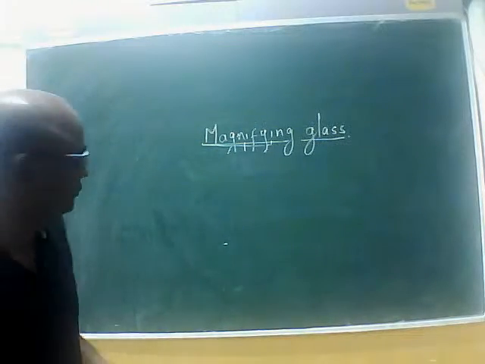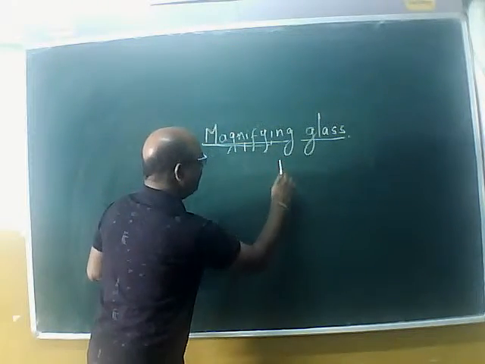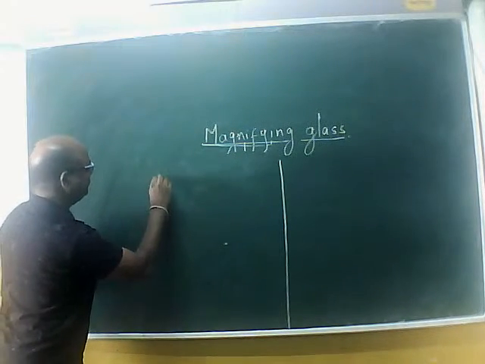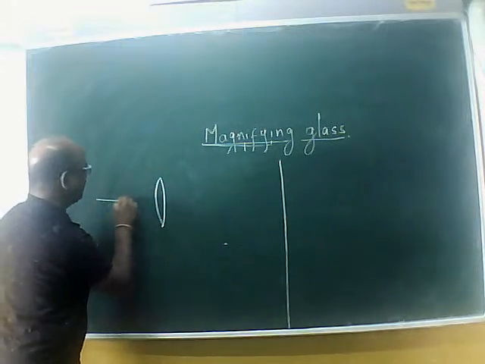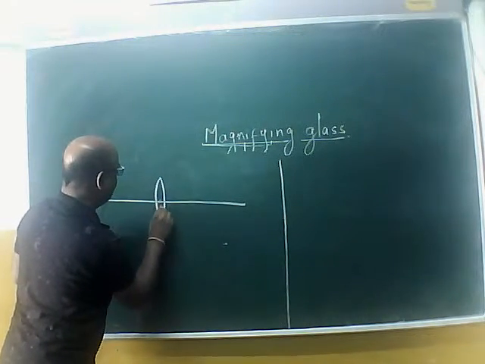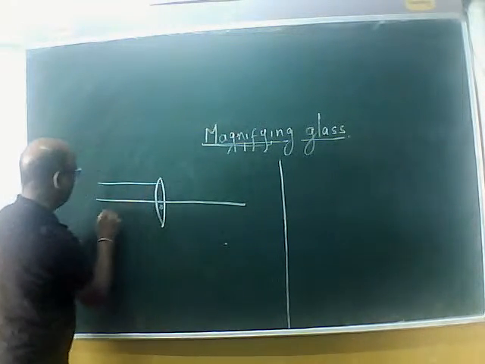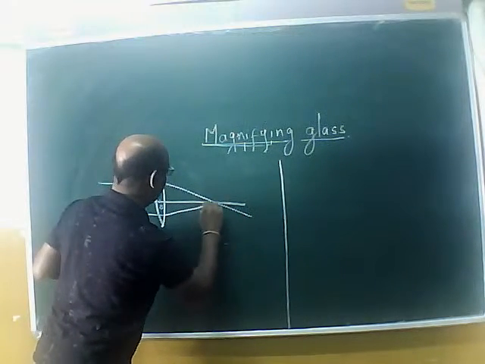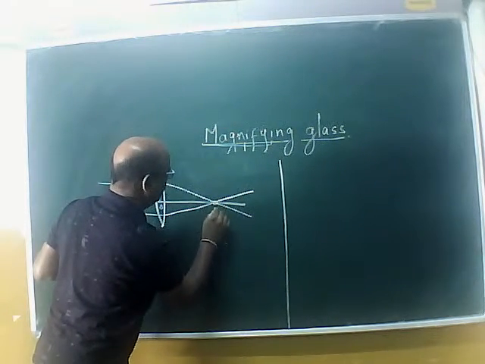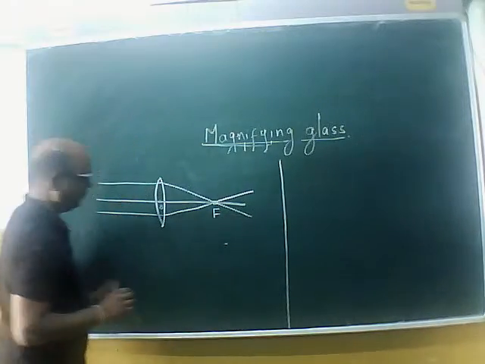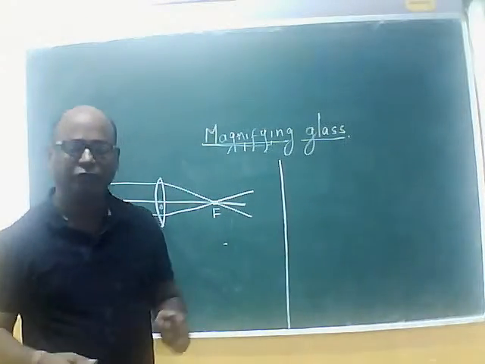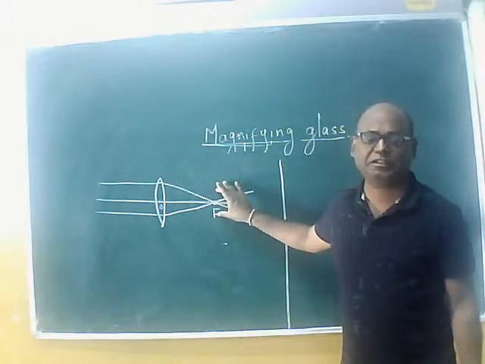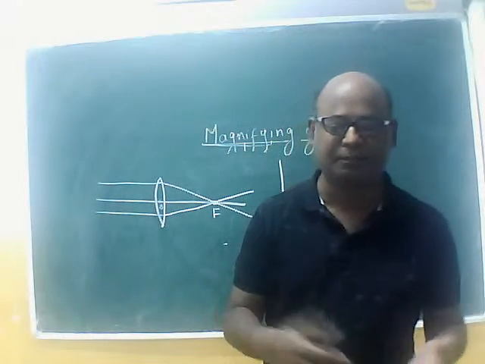So what we will find in these convex lenses is that the rays which are coming parallel, this is the optical center, meet at a point. This is called the focus. If we keep paper here and it reaches the ignition temperature, that paper starts burning.